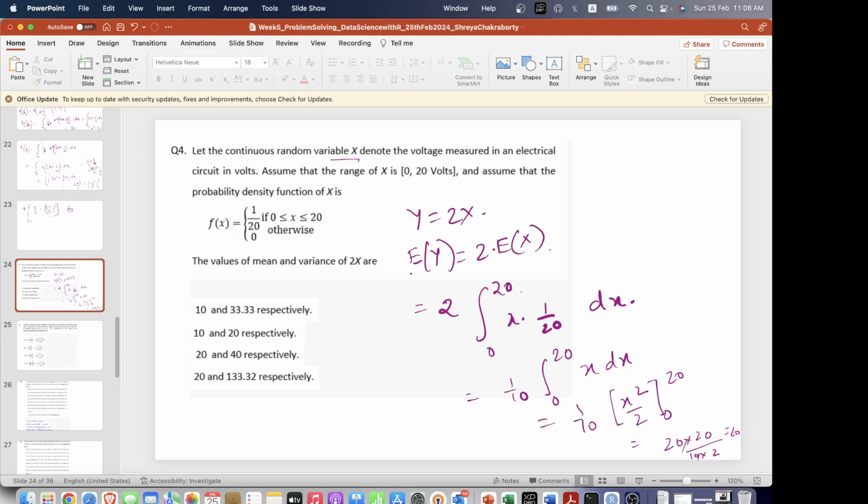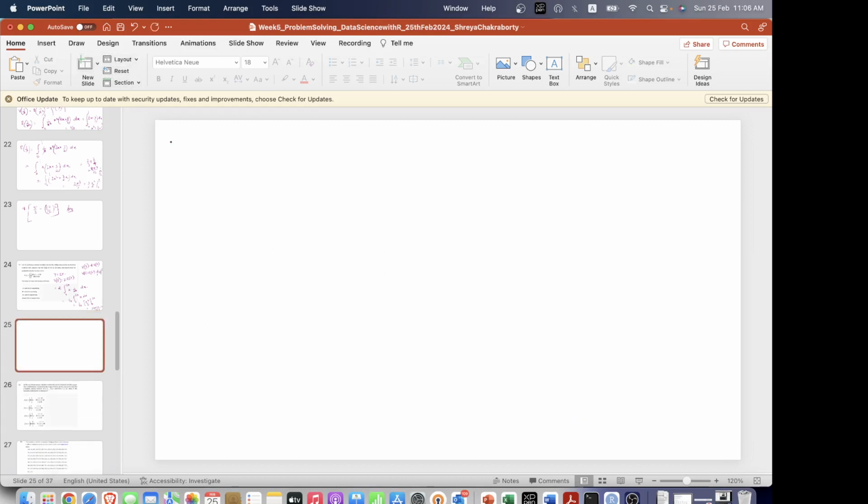Alright. And variance of y would be 4 into variance of x. And how would you calculate variance of x? Variance of x would be expectation of x square minus expectation of x whole square. We have got expectation of x.